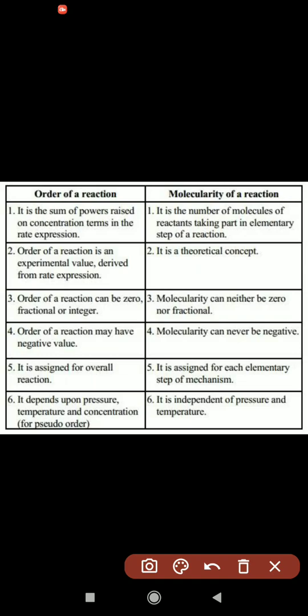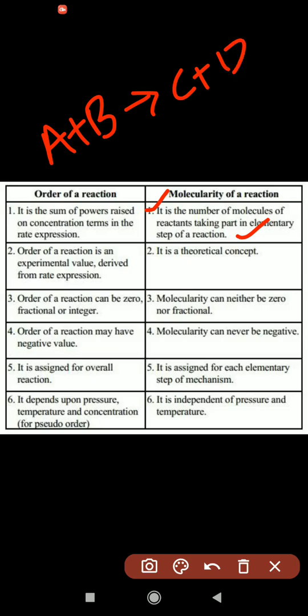Next, the molecularity of a reaction. What is meant by molecularity? It is the number of molecules of reactants taking part in an elementary step of a reaction. For example, if you take A plus B to give C plus D, a general equation, what is the molecularity of this equation?